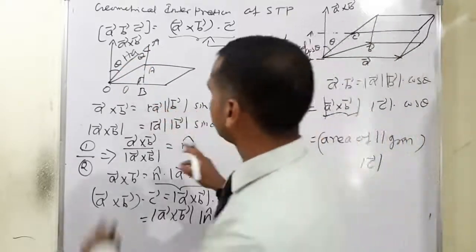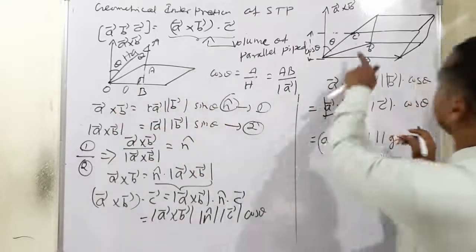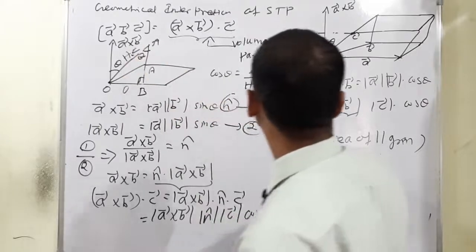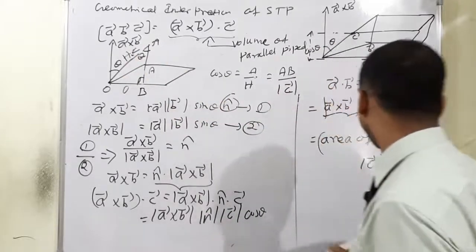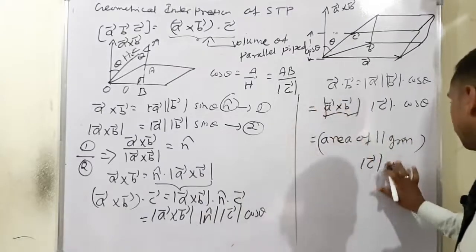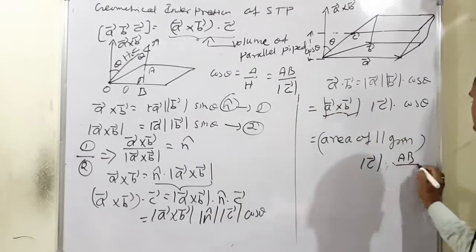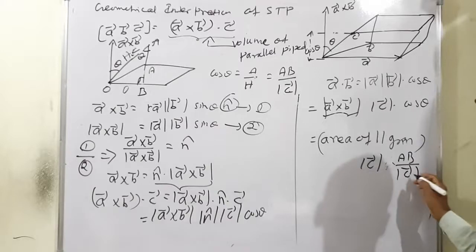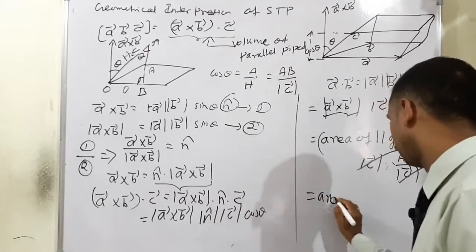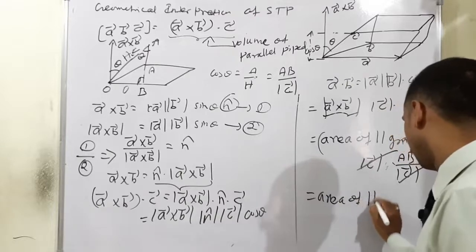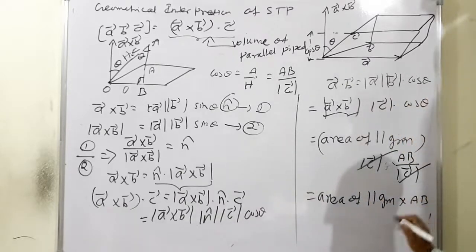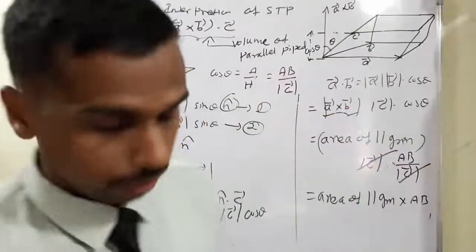But in this condition, this is called C, so here we write C vector. Therefore cos theta is AB divided by modulus of C. The C cancels, so this is the area of the parallelogram into AB.